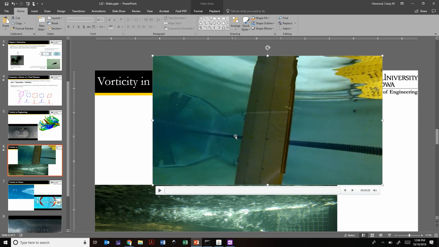When we talked about the Bernoulli equation applied across streamlines, one of the things we said is, if you have a streamline that's doing this, on which side is the pressure lower? Here, right? Streamlines curve towards regions of low pressure.